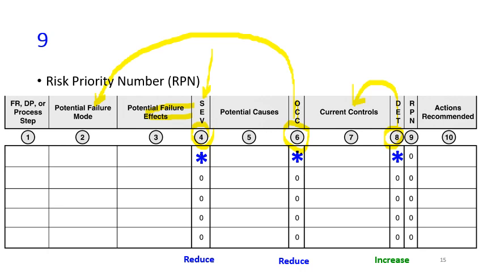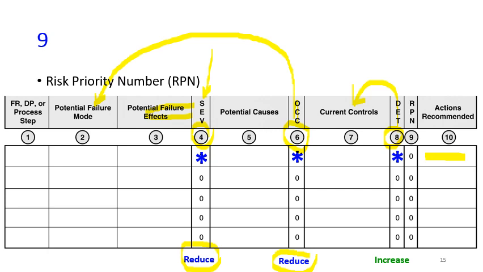Okay. And then what we want to do when we try to define the potential action is that we can try to reduce the severity. So the effect is still there, but we reduce the severity of the effect such that the effect is not very bad for customers or for the function of the product. We may also try to reduce the likelihood or the probability that something occurs. So we can try to reduce the frequency with which it might occur.